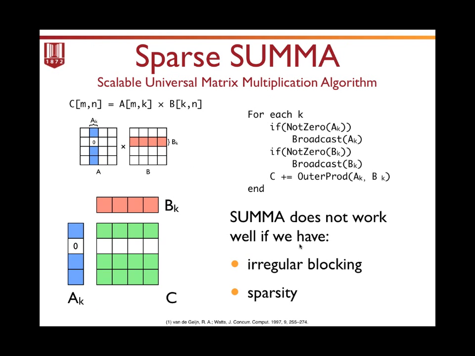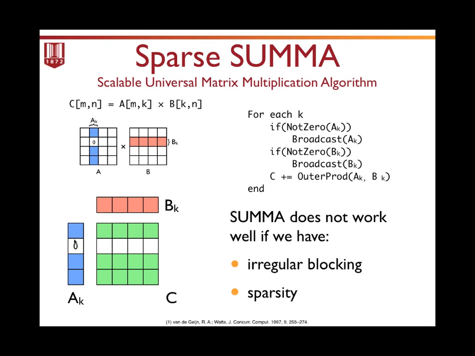So now let's consider using a sparse SUMMA algorithm. If we have a tensor A and it's missing some portion of its data due to sparsity, let's say this tile right here is 0. We don't actually want to send any data or compute any data for that.